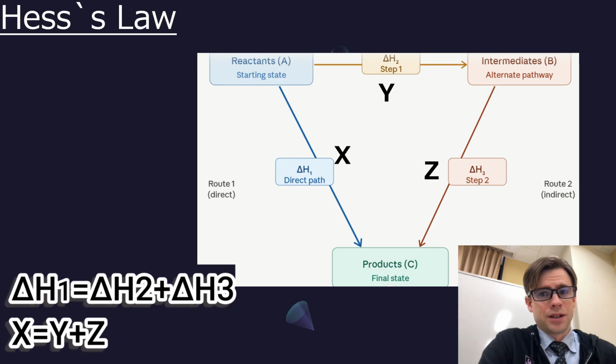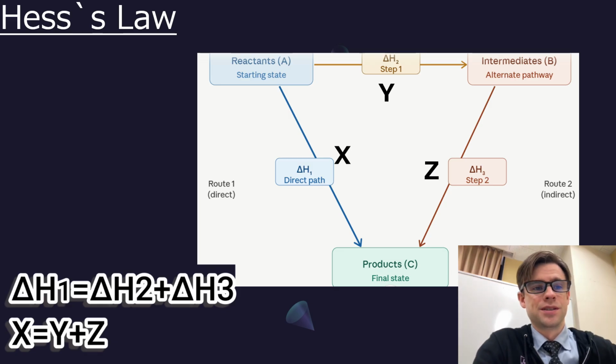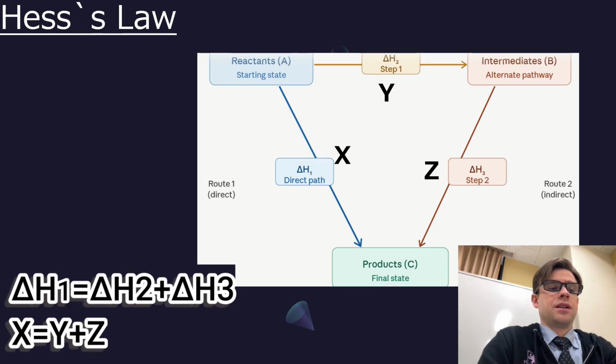But of course, there are many reactions that have alternate pathways with intermediates. So you can go step 1 and step 2 instead of the direct path, delta H2 and delta H3. That's process Y and process Z. But process Z ends on the same place as process X, the products, the final state.